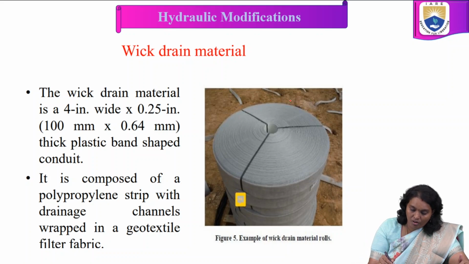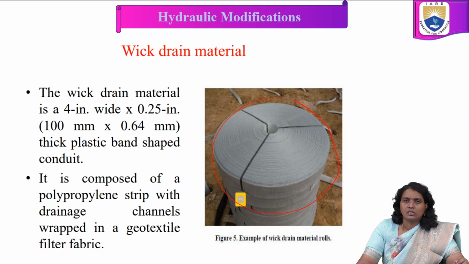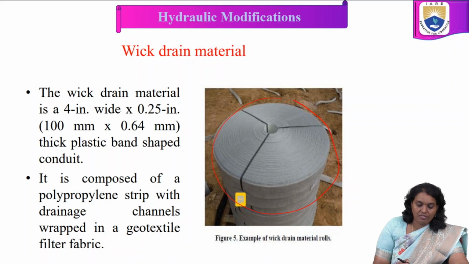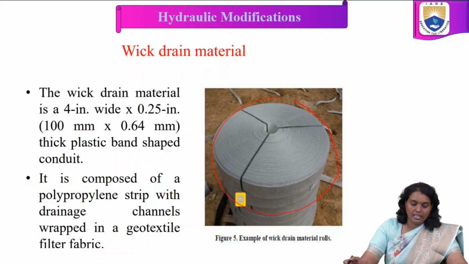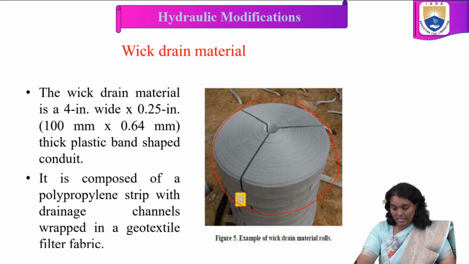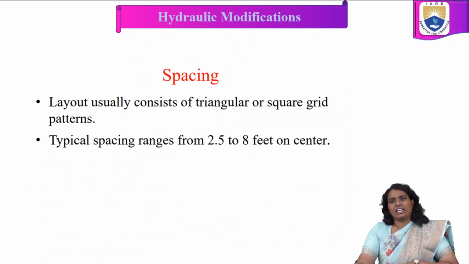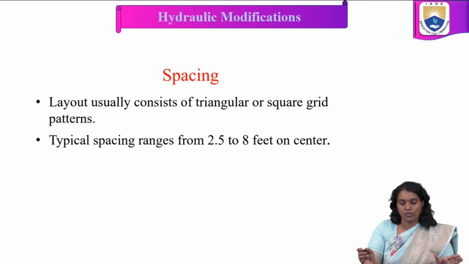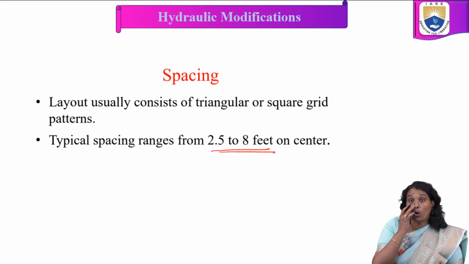This is an example of the wing drain material, which comes in rolls. In millimeters, it is 100 mm wide and 0.64 mm thick, and it is composed of a polypropylene strip with drainage channels wrapped in a geotextile filter fabric. Coming to the layout and spacing, the typical spacing ranges from 2.5 to 8 feet on center.